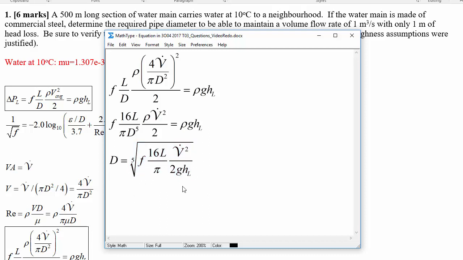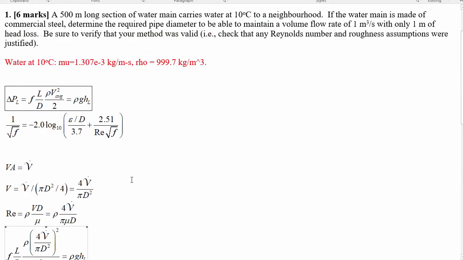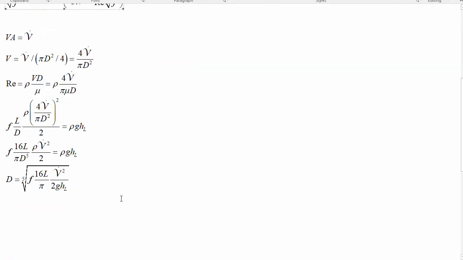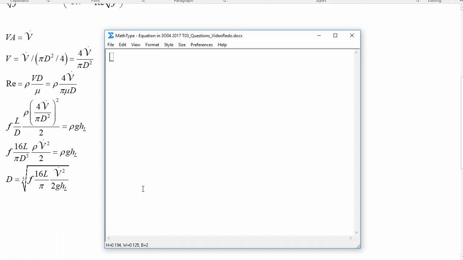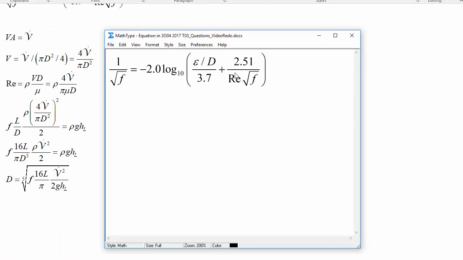And we know everything in here except for the friction factor, which unfortunately in this question, if we use the Colebrook equation, comes from another equation, which is iterative in F, and in addition to that depends on the diameter.